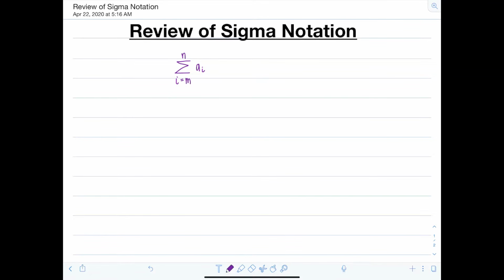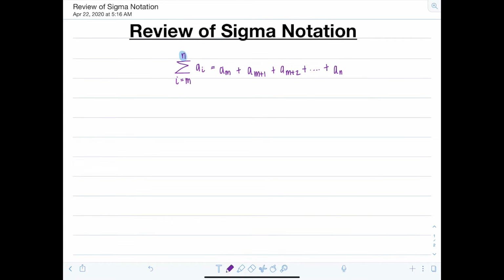And so if I were to expand out this sum, I would list out, starting at m, a sub m, plus, right, since I have sigma, that means add up these terms, a sub m plus 1, plus a sub m plus 2, and you keep going, and the last term is going to be a sub n.